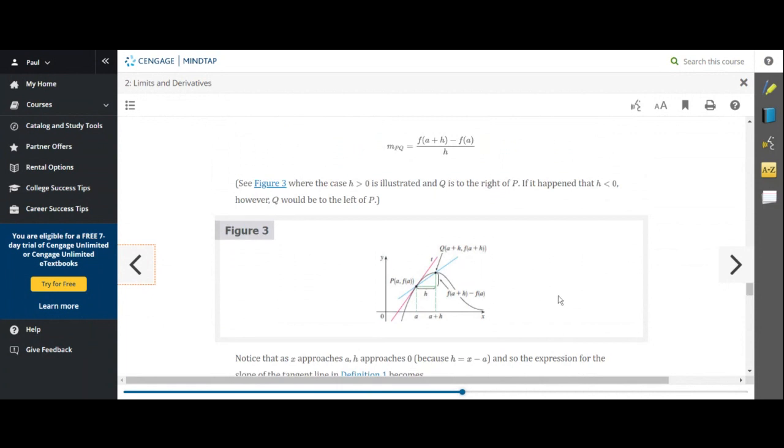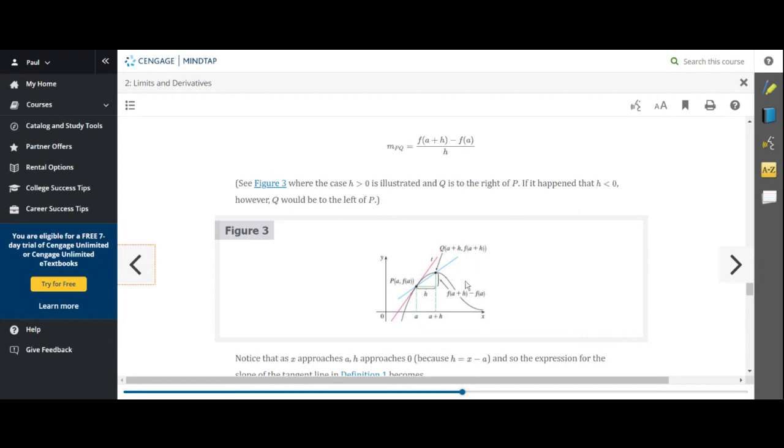So what they're doing now is, in figure 3, they have the same tangent line at the point P that you saw earlier in figure 1. They're going to let Q approach P, but the coordinates of Q are not x, f of x anymore. They're a plus h and f of a plus h.